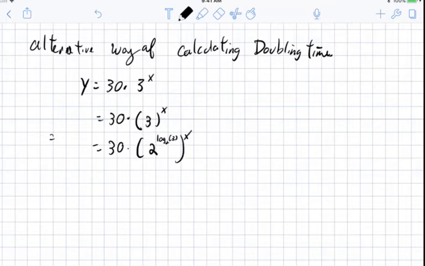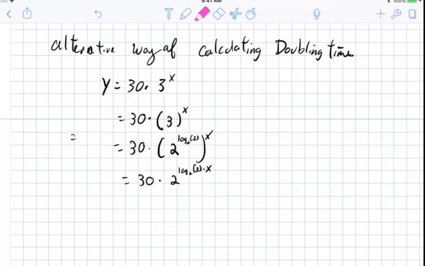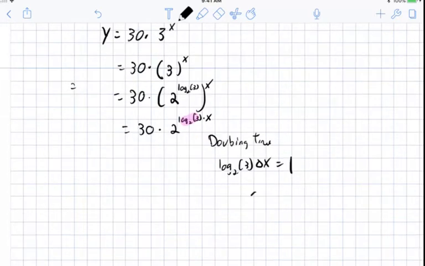So the exponential becomes 2 to the log base 2 of 3 times x. And then you can use this particular number to figure out what the doubling time is. So the doubling time is going to be when log base 2 of 3 times delta x is equal to 1. So delta x is equal to 1 over log base 2 of 3.